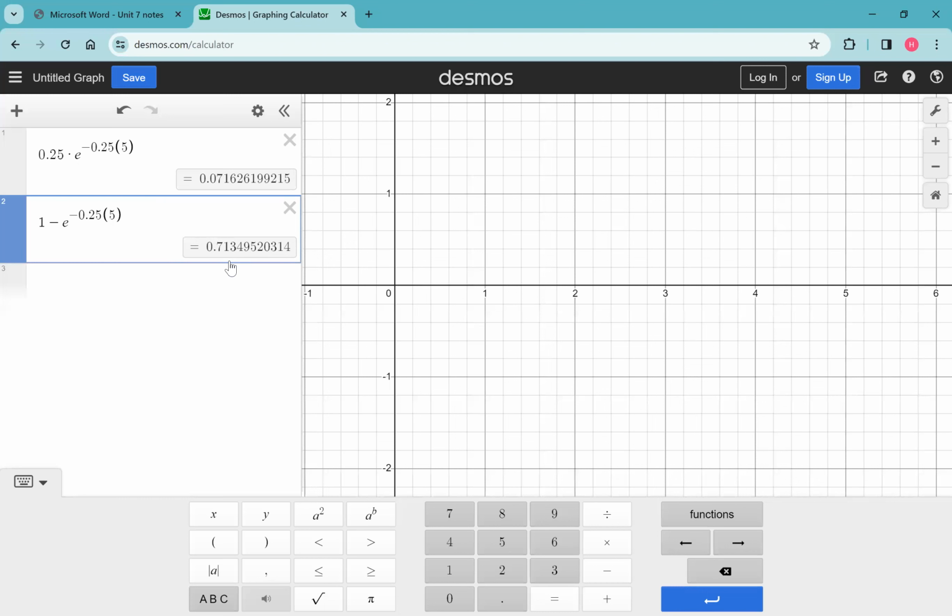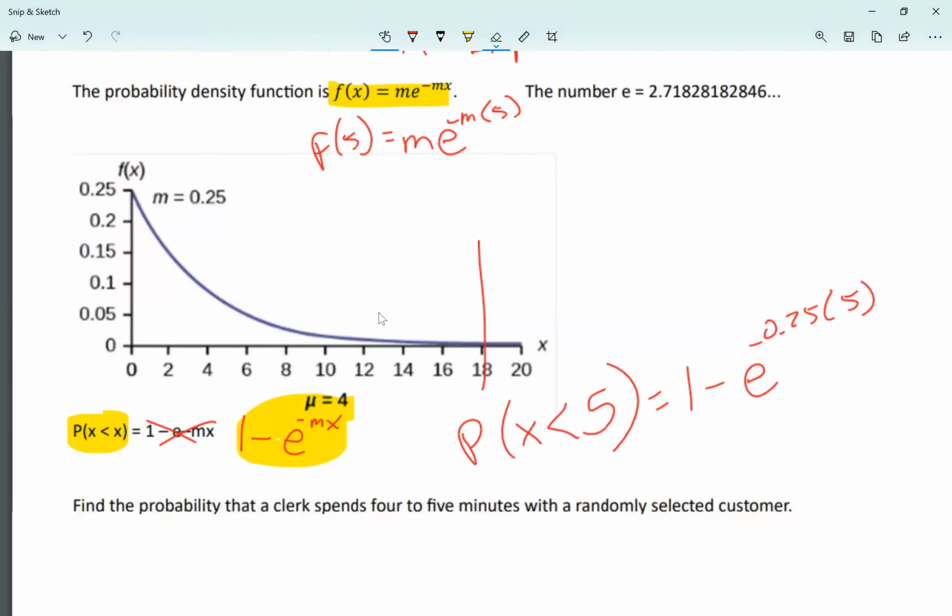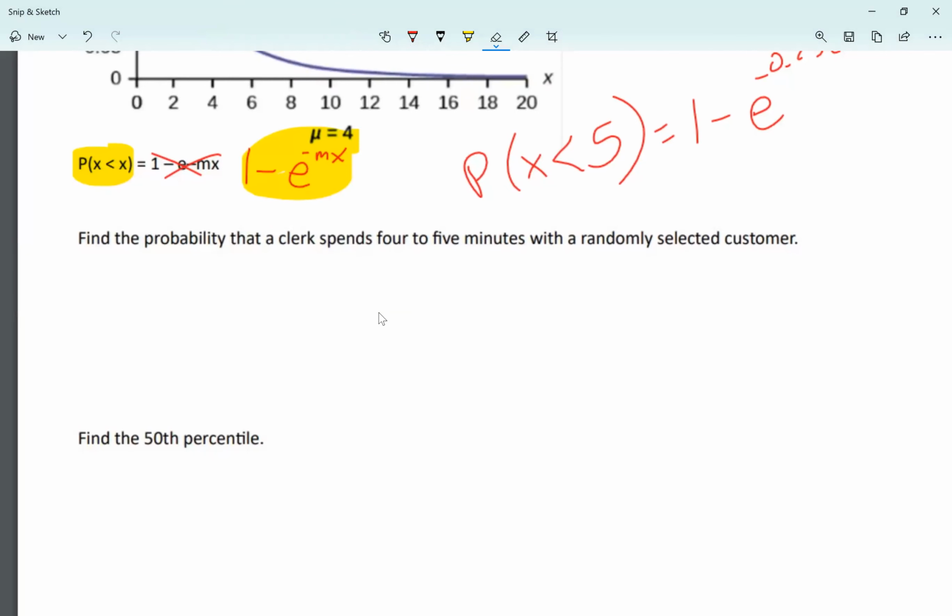Now, let me come back to our notes here. Find the probability that a clerk spends 4 to 5 minutes with a randomly selected customer. Oh, okay. Now, what's the probability that the clerk is going to spend 4 to 5 minutes with the next customer? I know how to find the probability that the clerk is going to spend less than 5 minutes.